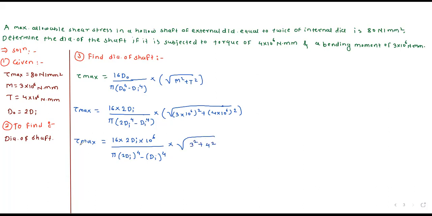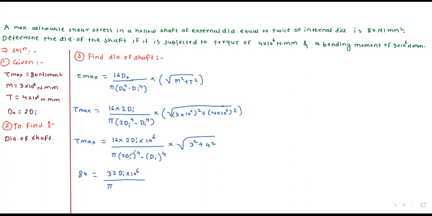Now we will put the value of tau max, 80. 16 into 2 is 32, so 32 Di into 10 raised to 6 divided by pi.